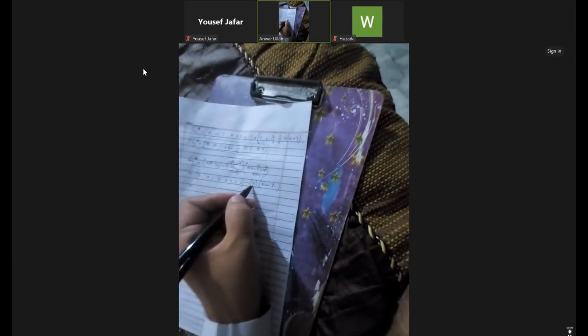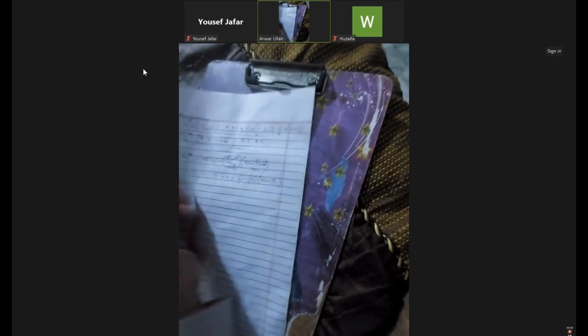So it will automatically become 0, and it will remain the same. Whenever we have the pivot coefficient as 0, you don't need to do anything. You just copy this row into the next one, and it will remain the same.